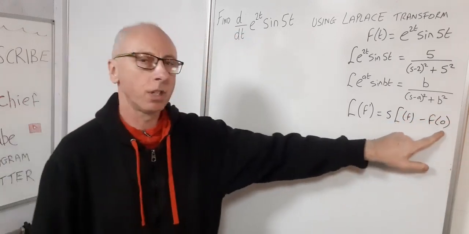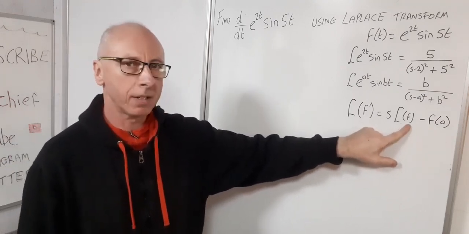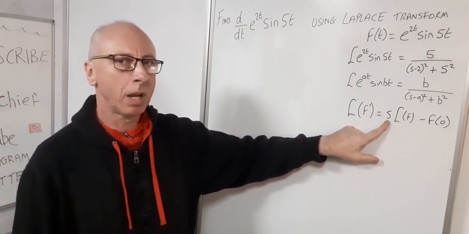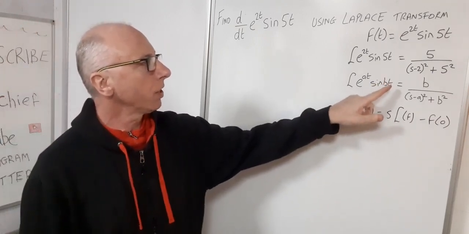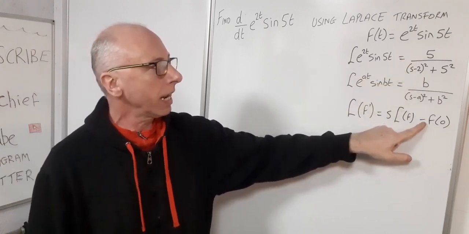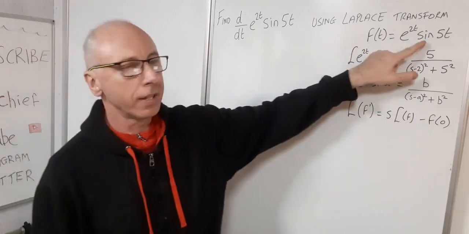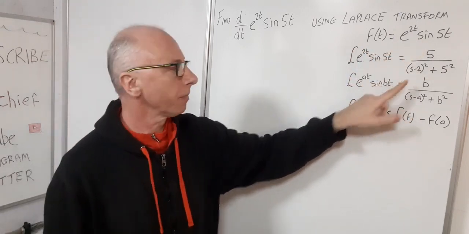So that's got nothing to do with the Laplace there, we just evaluate it at 0. Here we've got the Laplace of f, and here we just multiply it by s. So our Laplace of our function is this, and we need to evaluate f at 0, and then multiply our Laplace result by s.